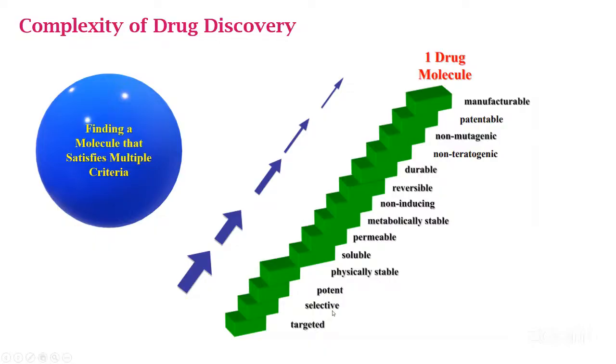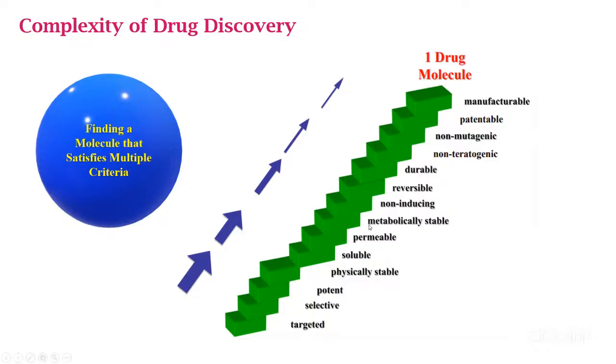Then it will be selective. It must be potent, which means that with a little concentration, it shows its efficiency. Then it should be physically stable, whatever its physical state, that means form. It should be soluble. Then it should be permeable, because it has to diffuse, so that drug should have very good permeability.